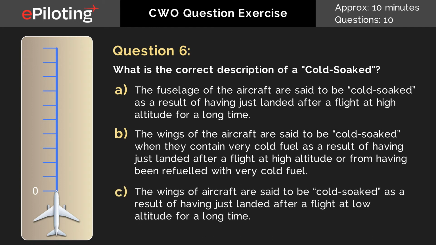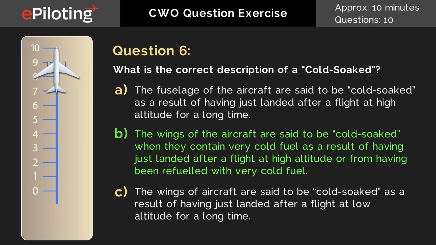C. The wings of aircraft are said to be cold-soaked as a result of having just landed after a flight at low altitude for a long time. The correct answer is B. Cold-soaked term applies to cold wings.